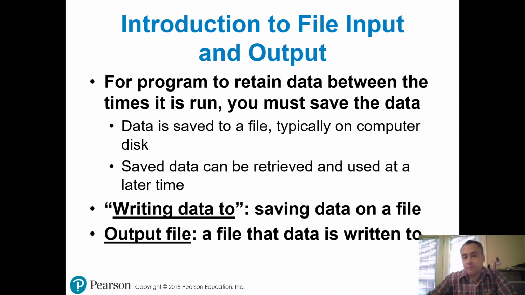Typically a file is saved to a disk, and then the saved data can be retrieved from that file. So writing data means saving data in a file, and an output file means a file to which the data is written.